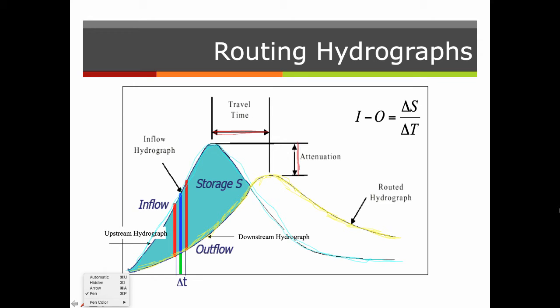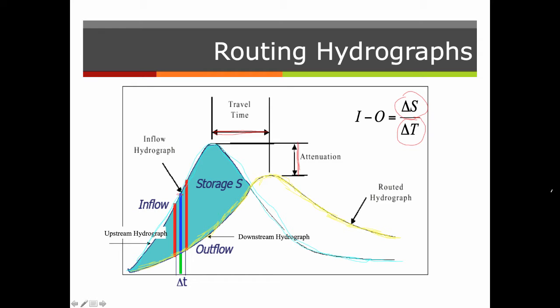So this red bar, the one on the right, if we subtract from it the red bar on the left, the difference between those two is the change in storage, which is up here. The distance in time between those two is the change in time.